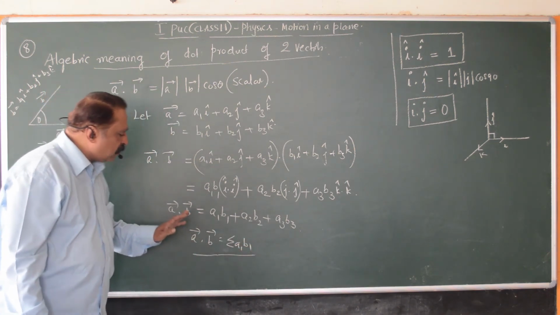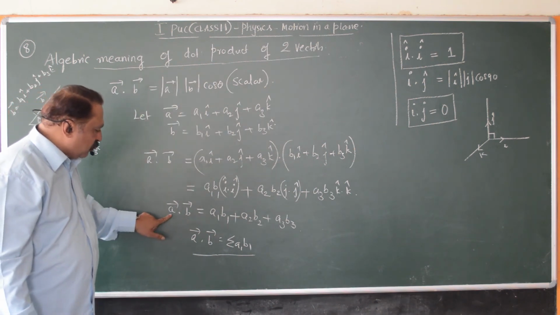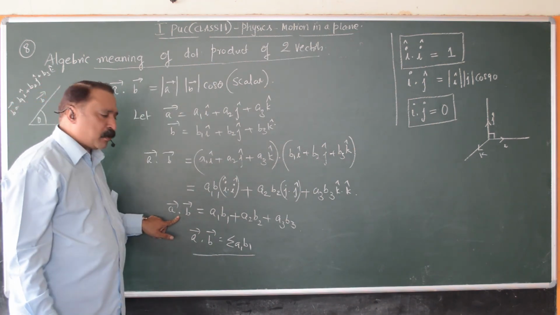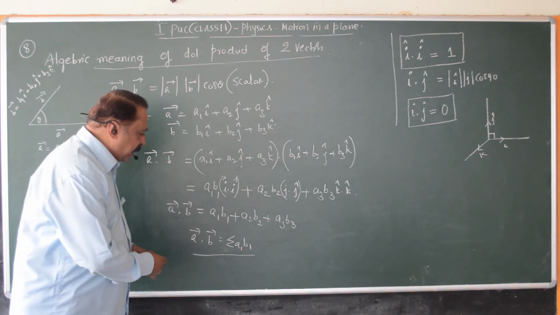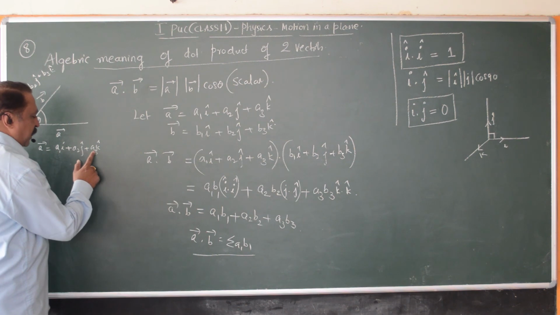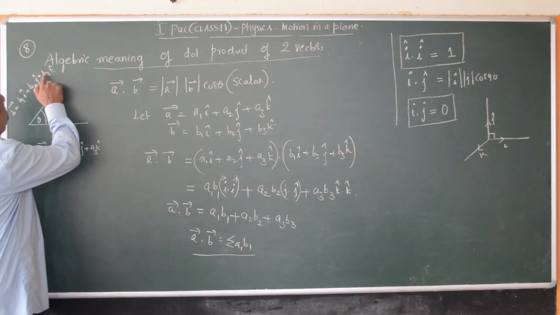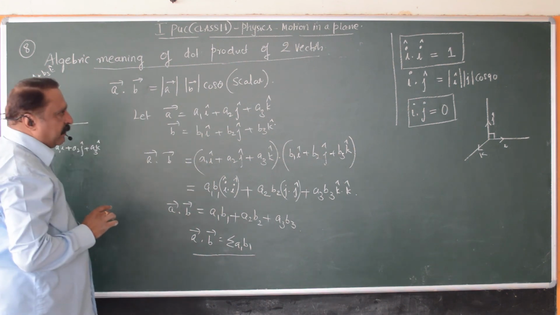So the algebraic meaning of dot product is that whenever you multiply two vectors using dot product notation, you are getting sigma A1 B1, where A1, A2, A3 are the components of vector A, and B1, B2, B3 are the components of vector B.